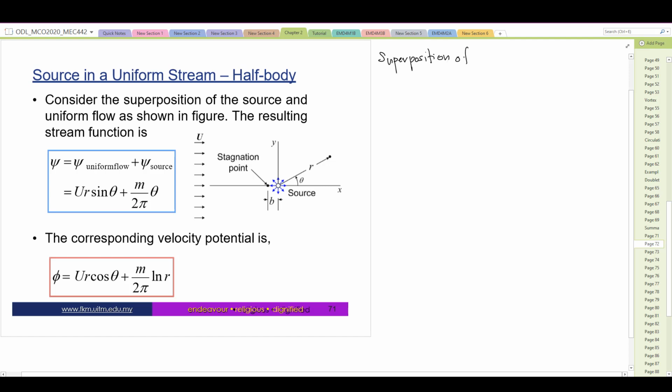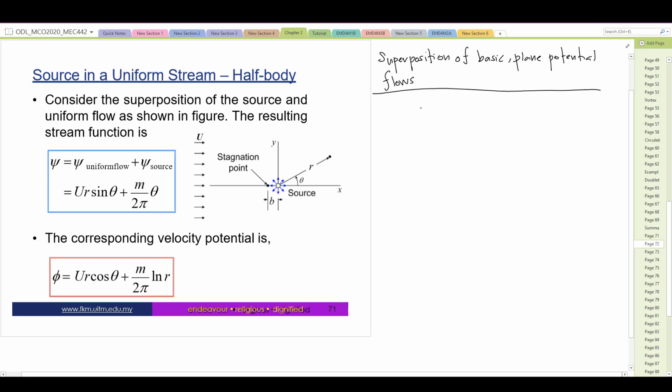superposition of basic plane potential flow. Okay, so superposition is a combination of the basic plane potential flows.